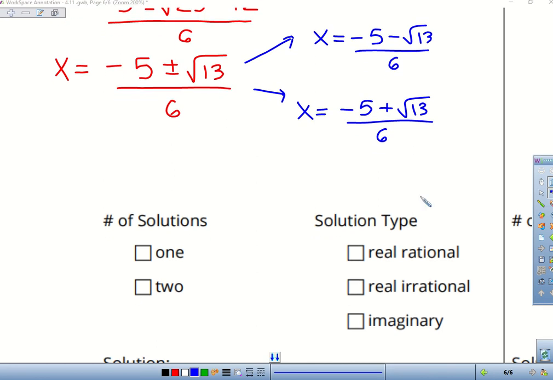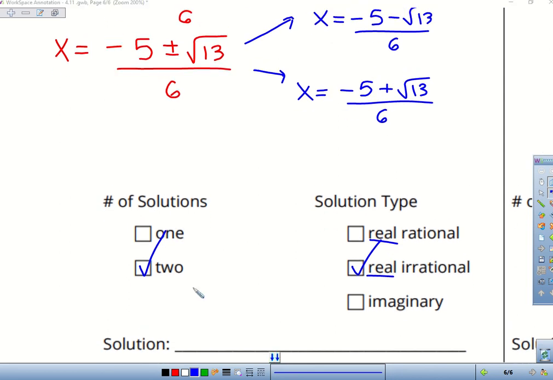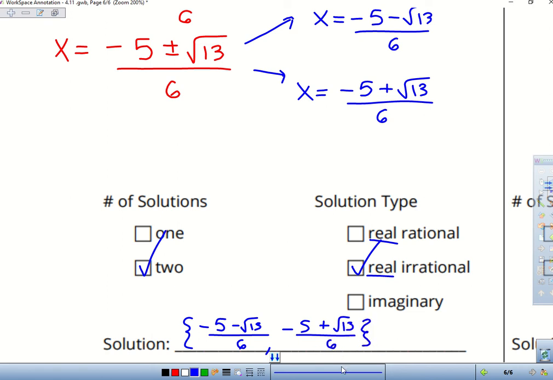How many solutions do we have? 2. Are they real? Real and irrational. Irrational people are still real people, okay? You can't forget about them just because they're irrational. So we have negative 5 minus radical 13 over 6, and negative 5 plus radical 13 over 6 as my two solutions.